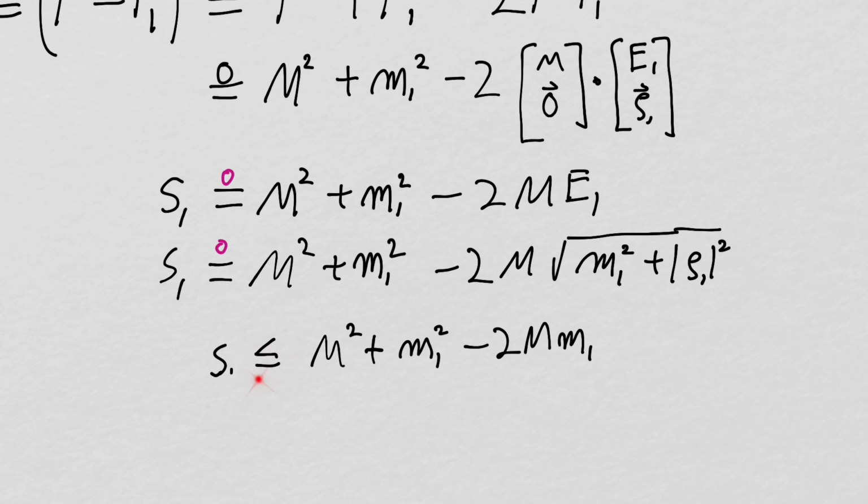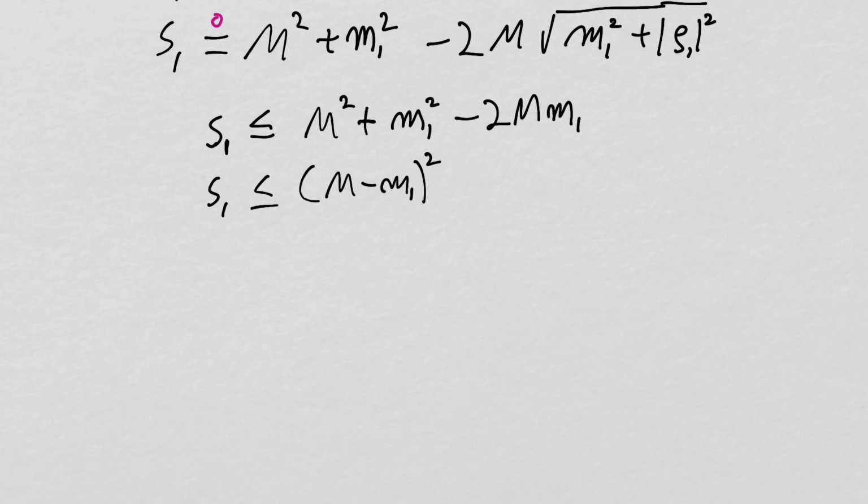inequality is less than or equal to. I keep getting confused if it's greater or less than, but this means that this is the maximum value of S1. So S1 is always less than that. And the way it's actually easier to write is (m minus m1) squared. That's S1.